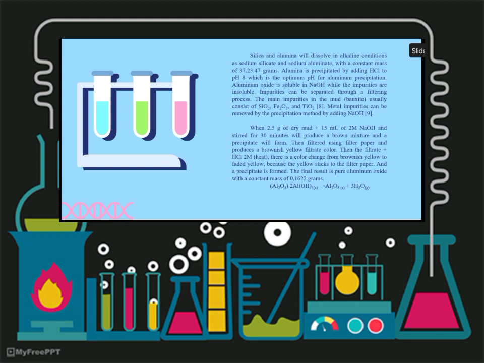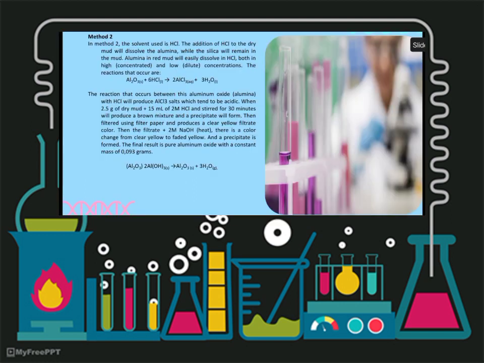There is a color change from brownish yellow to bright yellow because the yellow sticks to the filter paper and a precipitate is formed. The final result is pure aluminum oxide with a constant mass of 0.1622 grams. 2Al(OH)3 yields Al2O3 plus 3H2O.